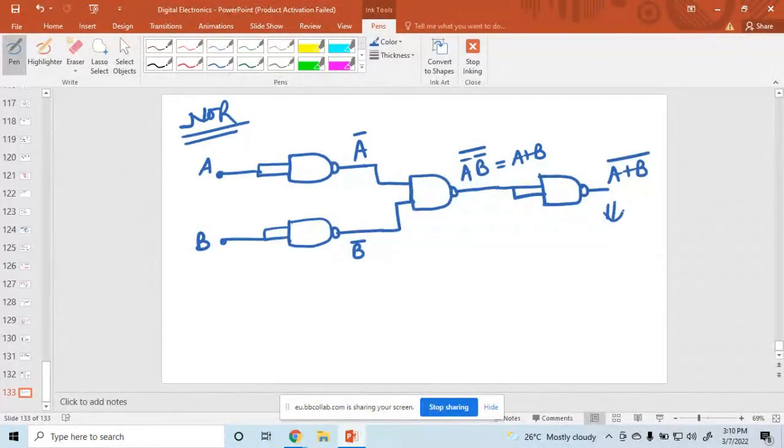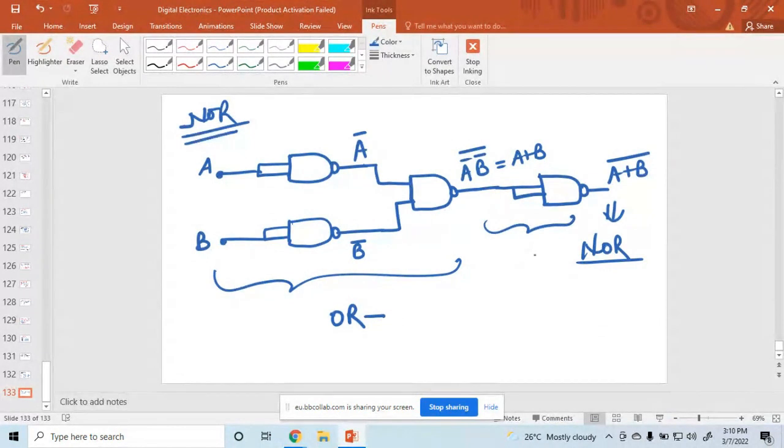This is a NOR: the first part is OR, and then you have used an invert.